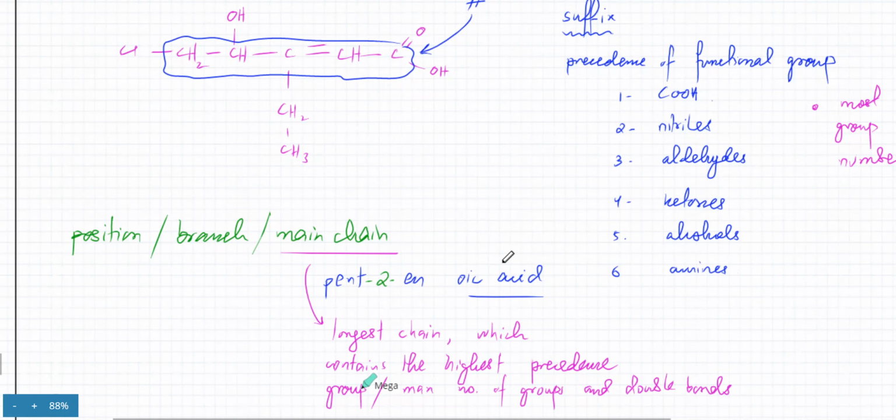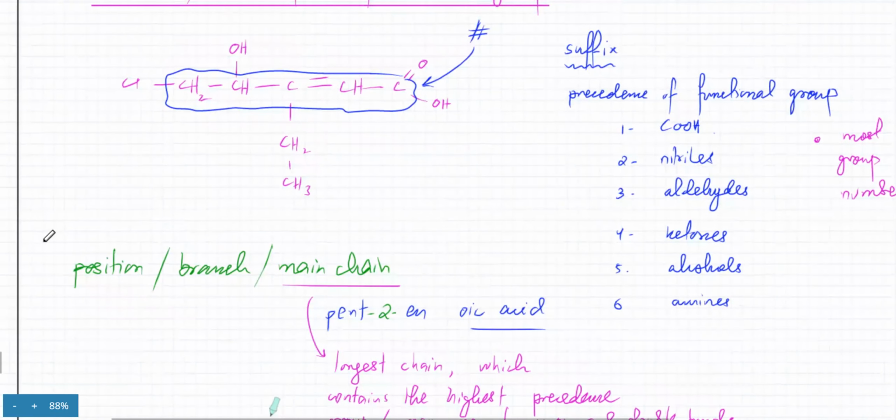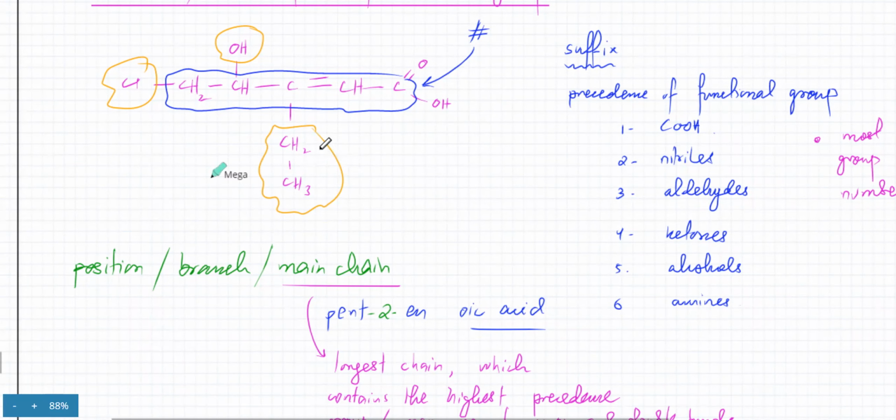Now the rest of the things are going to be your branches. Okay, so now you're going to mention the position of the branches. The OH is a branch, the Cl is a branch, and there's this branch over here. So 3 branches. You're going to start writing all the branches in front of the main chain.